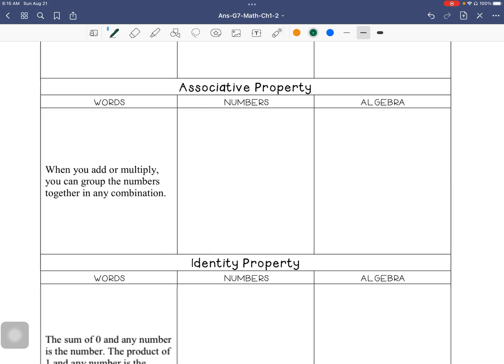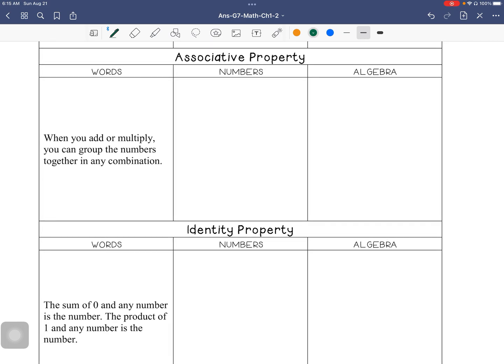So for associative property, when we add or multiply, we can group the numbers together in any combination. So this is only limited to addition and multiplication.